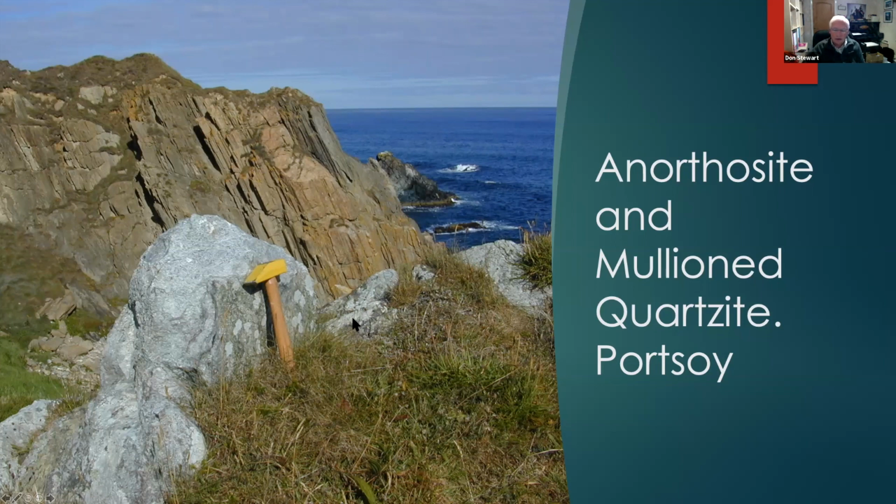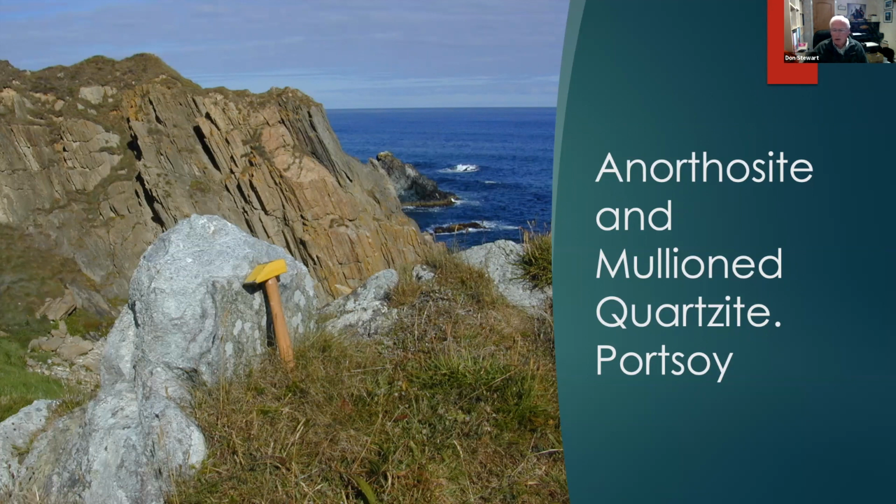The whole northeast, or the south coast of the Moray Firth in this area, is actually a very good cross section of the Dalradian, which is very steeply dipping to the southeast throughout much of its occurrence in Aberdeenshire.